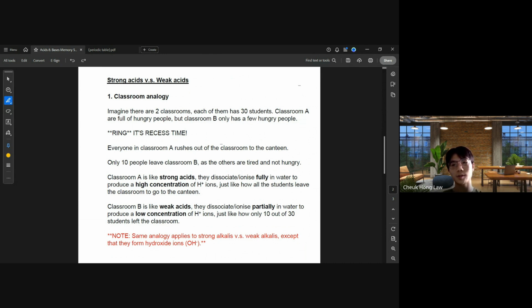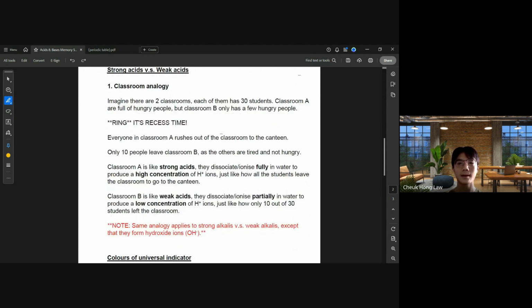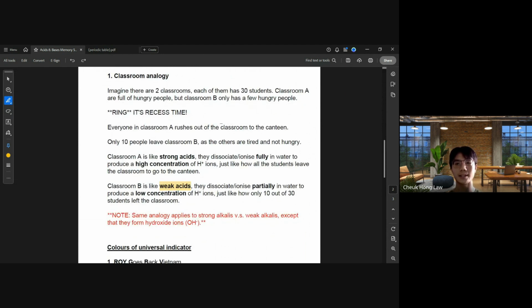Since all students left, there is a high concentration of hydrogen ions, and they dissociate fully. Classroom B is like your weak acids. They ionize partially in water to produce a low concentration of hydrogen ions, just like how only 10 out of 30 students left the classroom.